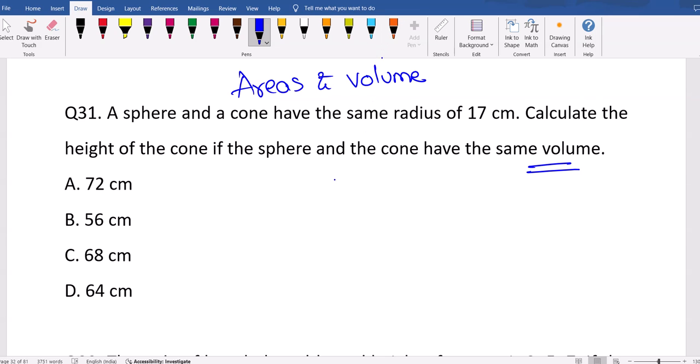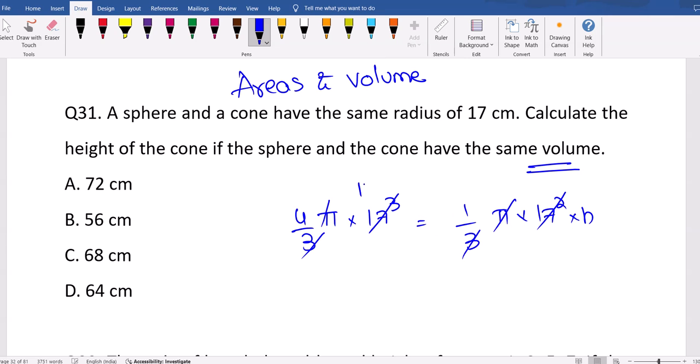The volume of a sphere is 4 by 3 pi r cube, so 17 cube, whereas for the cone it's 1 by 3 pi 17 square into h. So pi gets cancelled, 3 gets cancelled, 17 will be left over. So 17 into 4, 68. Your answer should be 17 multiplied by 68.